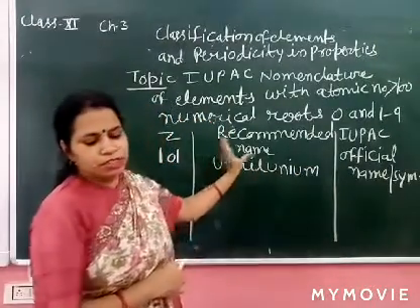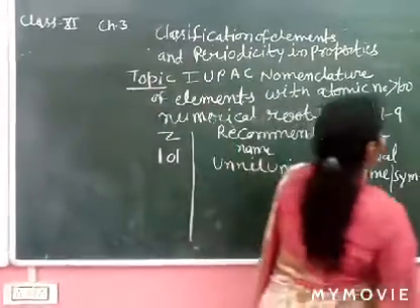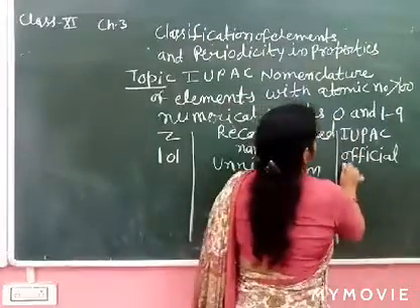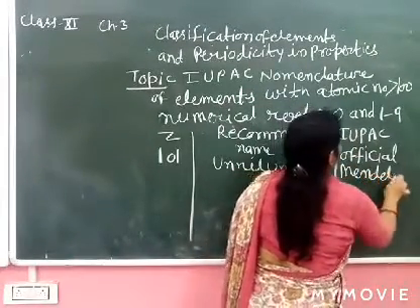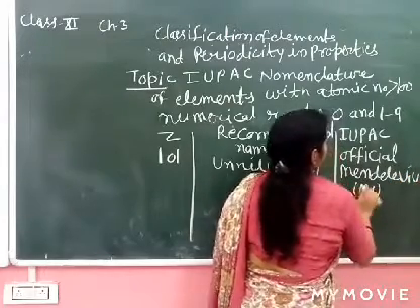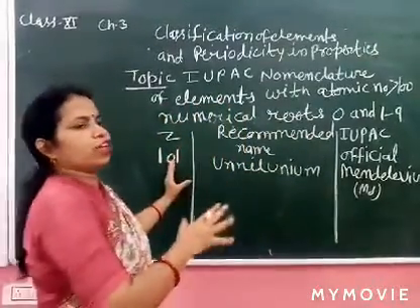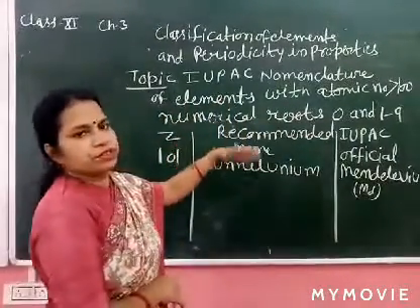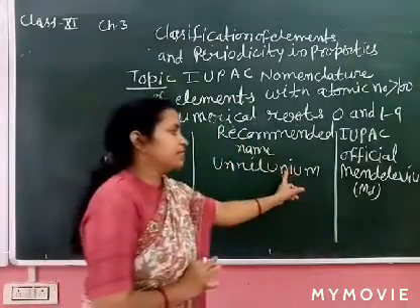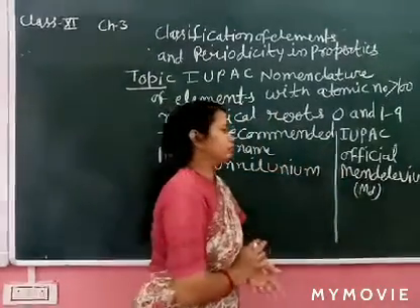After discovery, this is known as Mendelevium, and the symbol is Md. So here a question arises: write down the IUPAC name of Z equal to 120, 180, 190 or anything. And this is the official name given after the discovery of this element: Mendelevium.